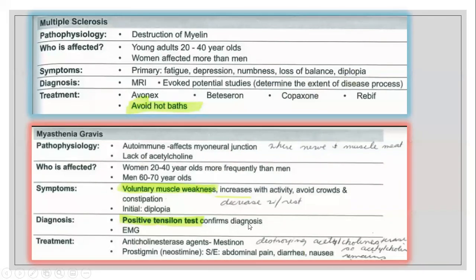Diagnosis involves physical examination and tests to check the neurological problems. What else? The treatment. There is no cure for myasthenia gravis, and medication may help to reduce and manage the symptoms. We use anticholinergic agents, right?